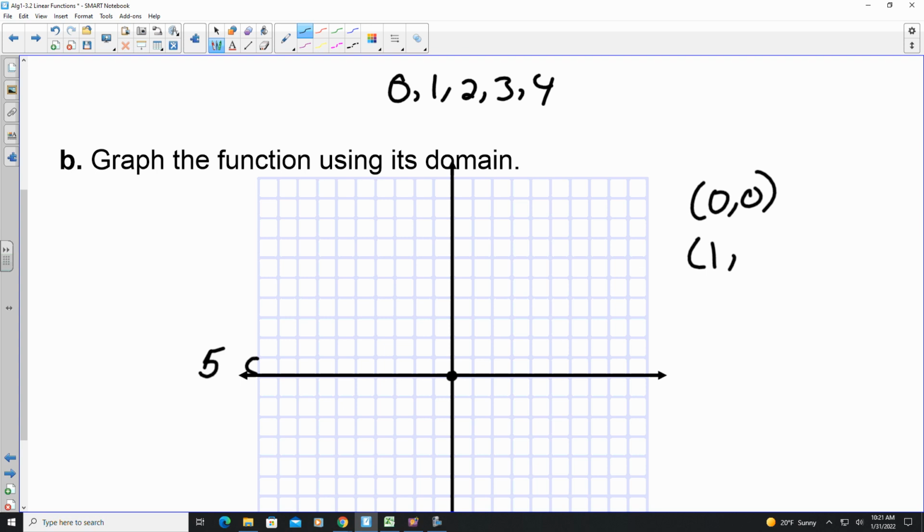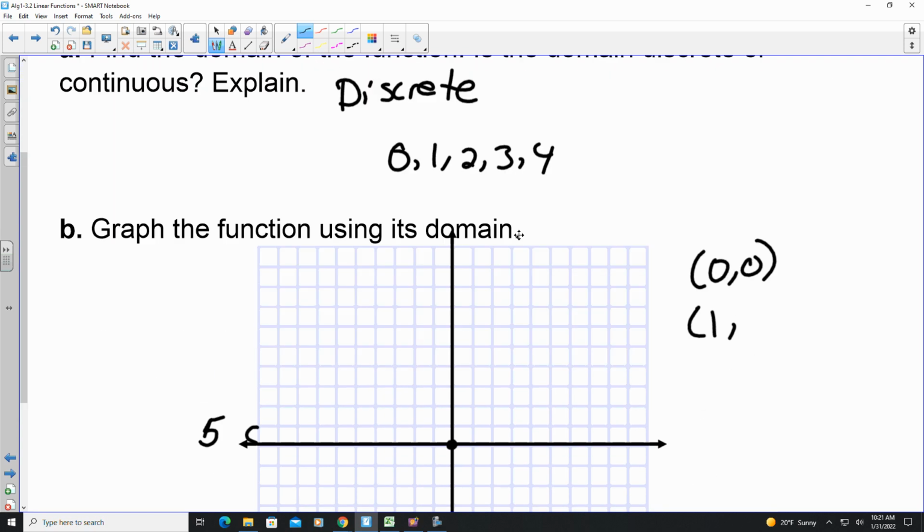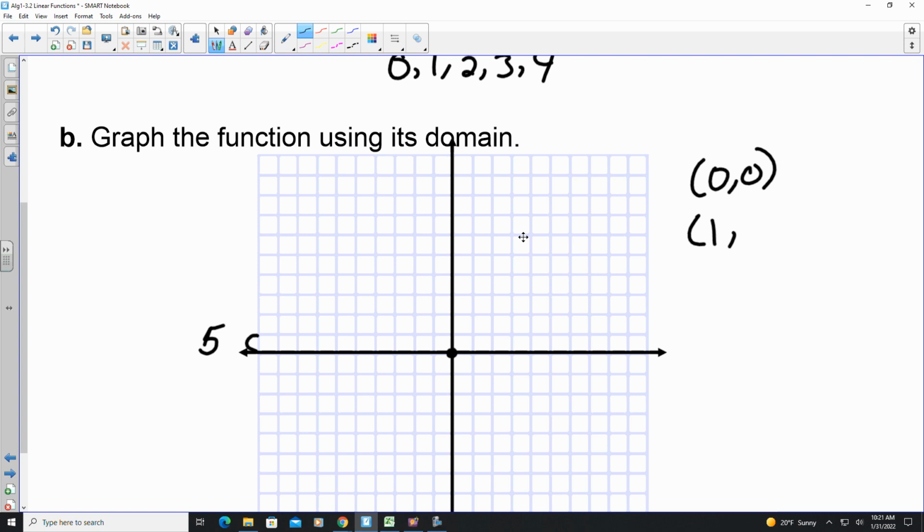If I bought 1 ticket, well, you take 1 and times it by the 15.95, so that's where 15.95 comes in. So 5, 10, 15, so I'll just say it's right about there. If I bought 2 tickets, 15.95 times 2 is 31.9, so 5, 10, 15, 20, 25, 30, so it looks like it's right about there.